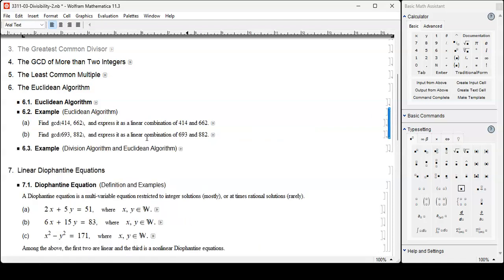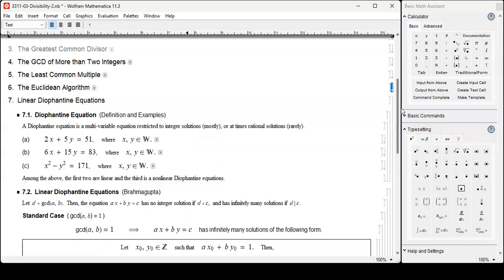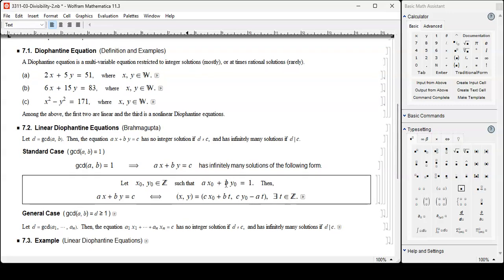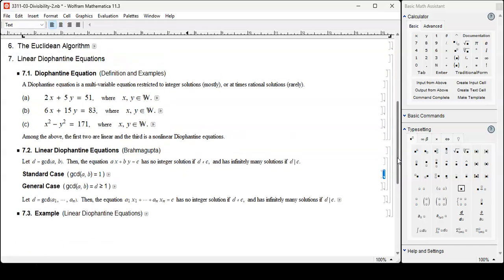We went through those kinds of problems here, expressing those as linear combinations. That's how you can find x0 and y0. And then one more step, cx0 plus bt, cy0 minus at, and we're going to get the full solution. So we have a complete formula. And that's for the standard case.